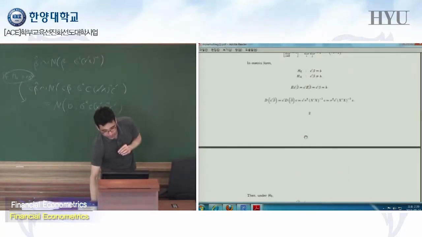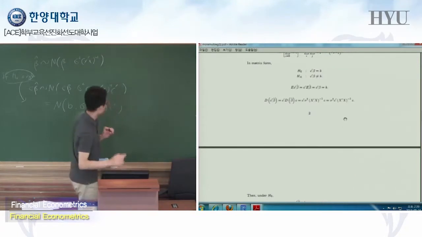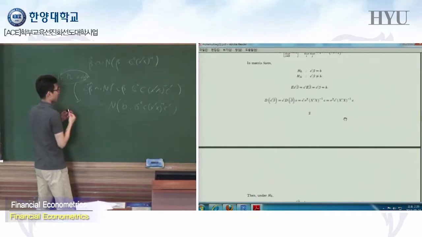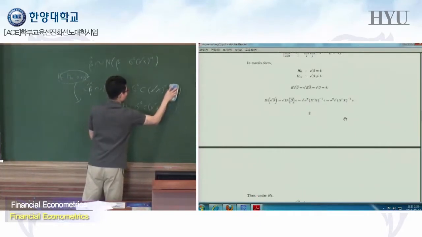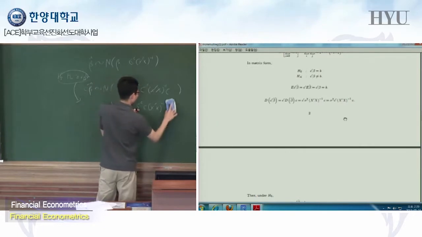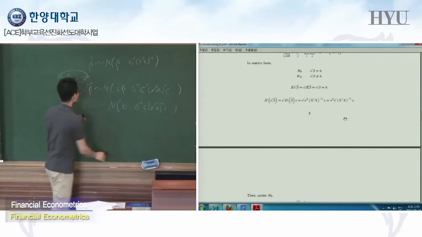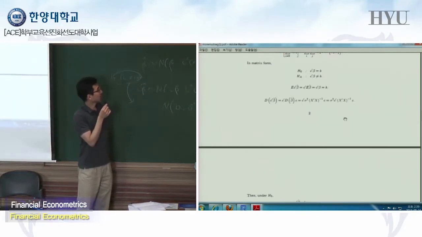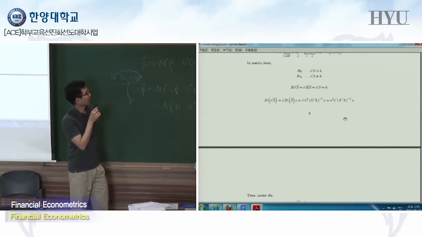Actually, sorry, to make the notation consistent, prime over here, and prime over here. Okay. So beta hat follows the normal distribution with mean beta and variance sigma square (X prime X) inverse.